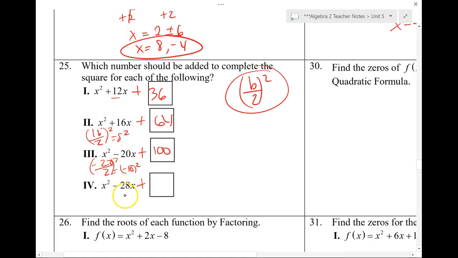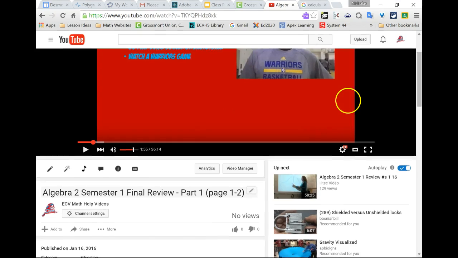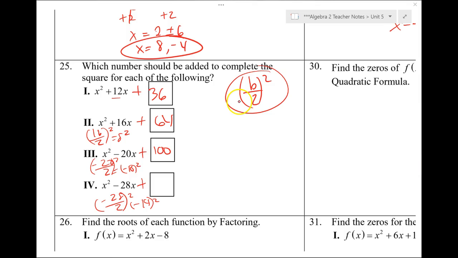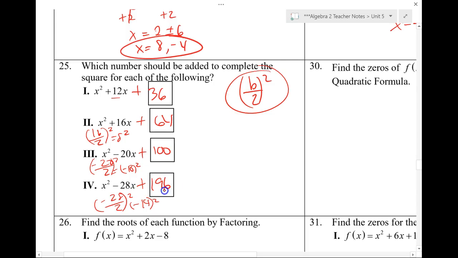And then next one, negative 28 divided by 2 is going to be negative 14, and negative 14 squared, let's go to our calculator here, 14 squared, that would be 196. Okay, that's all you have to do for that one.